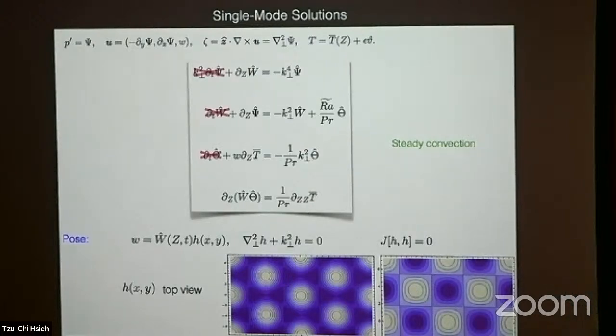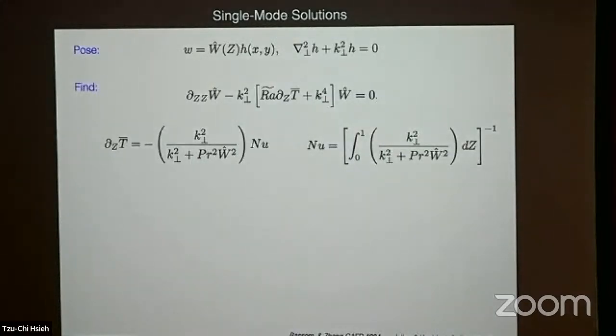You can do it for both oscillatory and steady. I'm just going to talk about steady here. Let's collapse the system, which shows you the simplification. Once we do that, you can drop the time-dependent terms, and you get this.